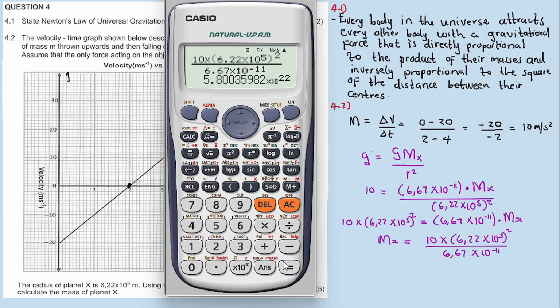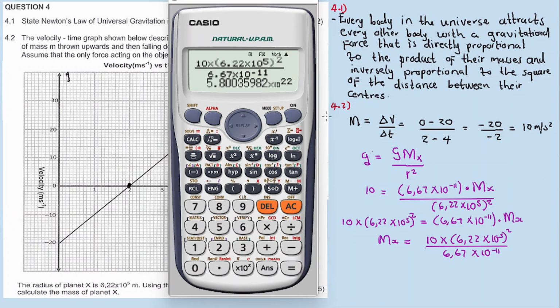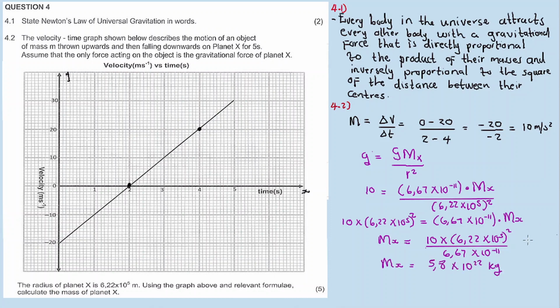This is equal to 5.8 times 10 to exponent 22. So this is our answer, 5.8 times 10 to exponent 22 kilograms.